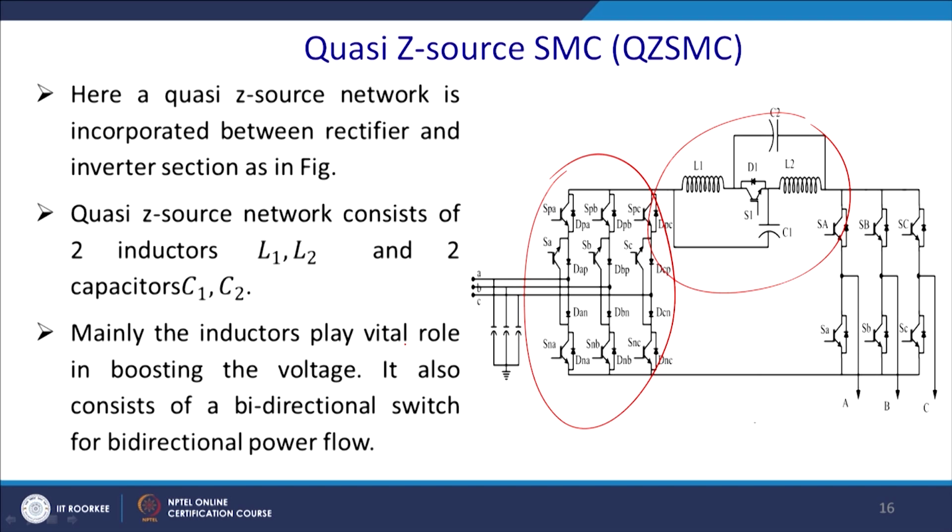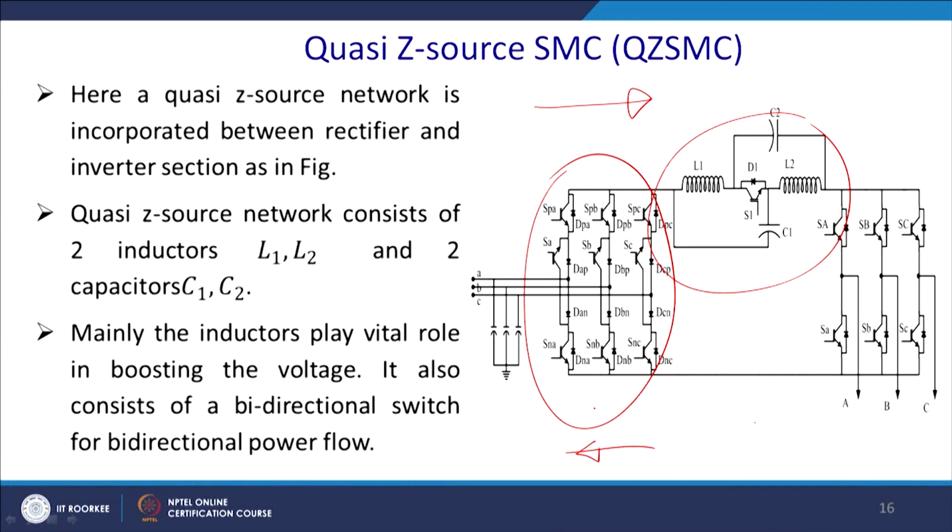It also consists of a bidirectional switch and bidirectional power flow. You can use it for regenerative braking also. It is not that power flows only this way, it can also flow in this way. So here we sometimes require a bidirectional switch. So, this is the configuration.